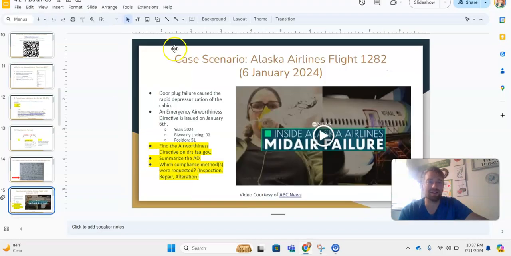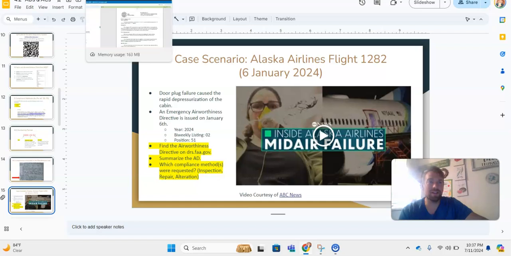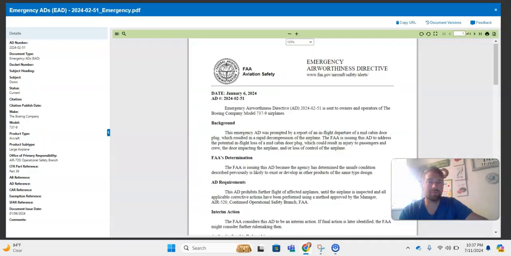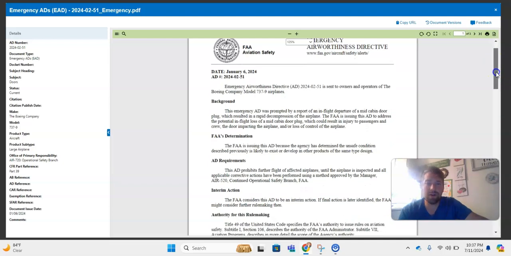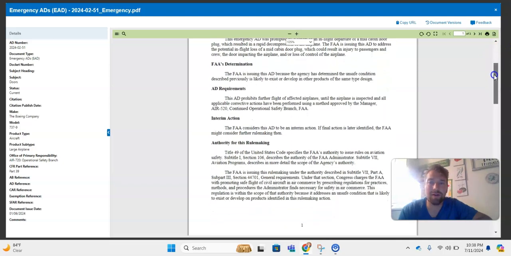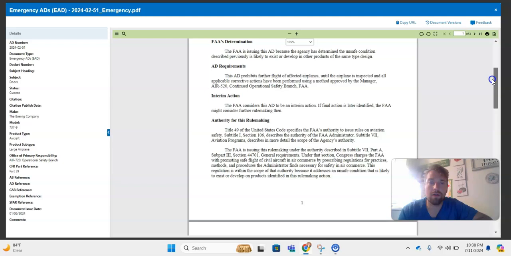Let's start by summarizing the AD. So we're going to take a look through here. We know the background of the situation already because we just watched a 3-minute video on it. They decided that this situation is likely to exist in other products of the same type design.